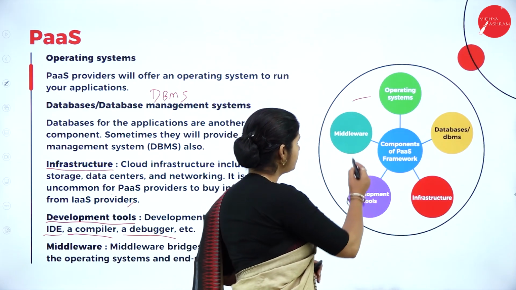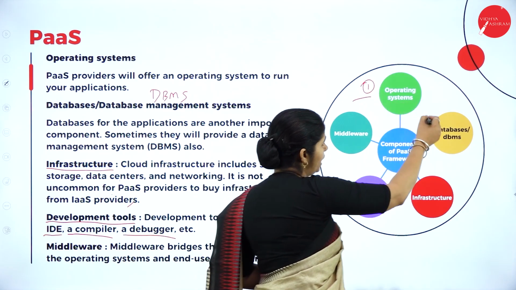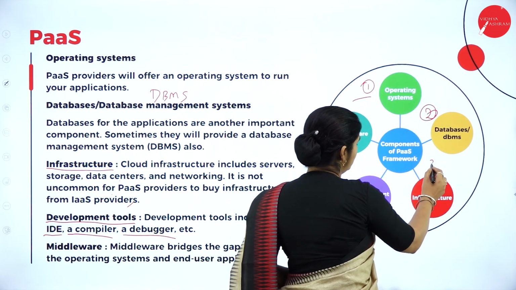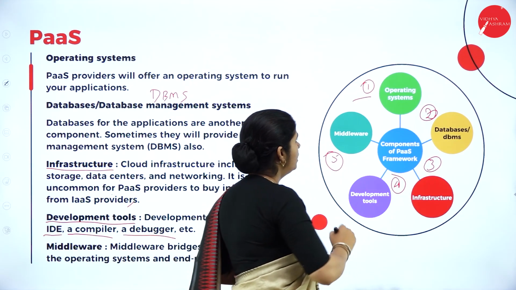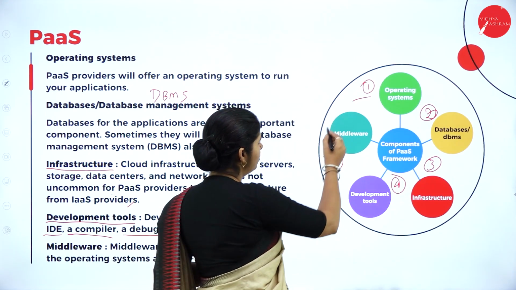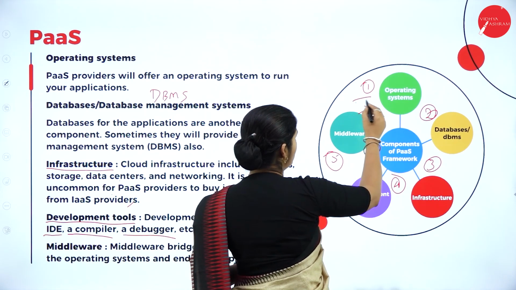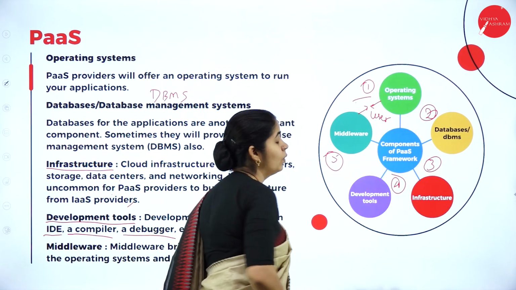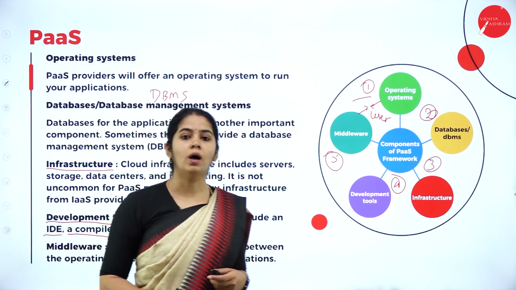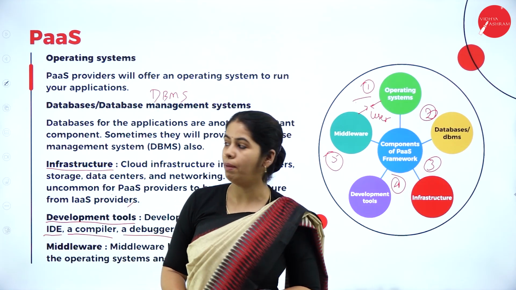This is a middleware: first component, second component, third component, fourth component and fifth component. This middleware bridges the gap between the user and the operating system. Okay, so these are all the components we have in the PaaS.